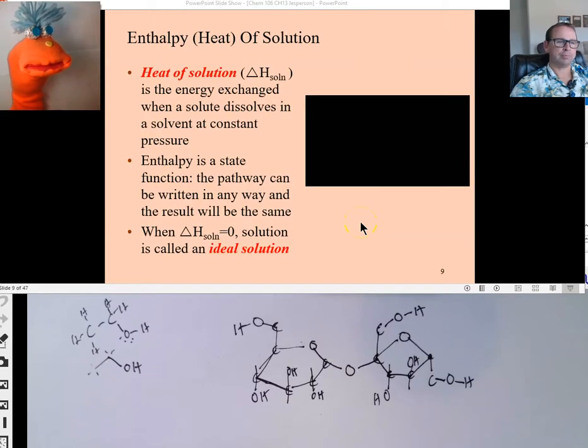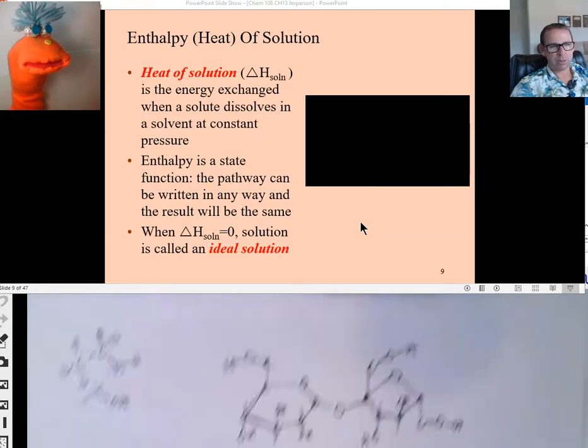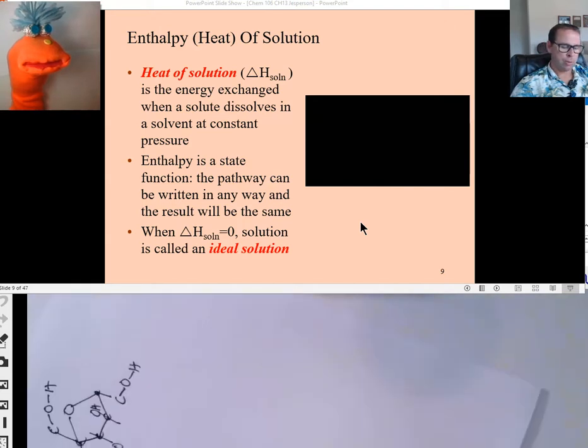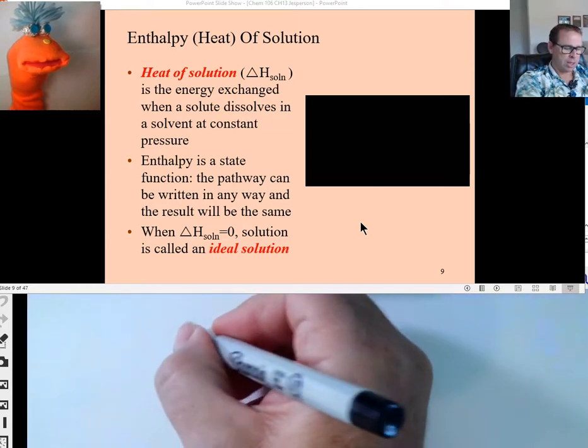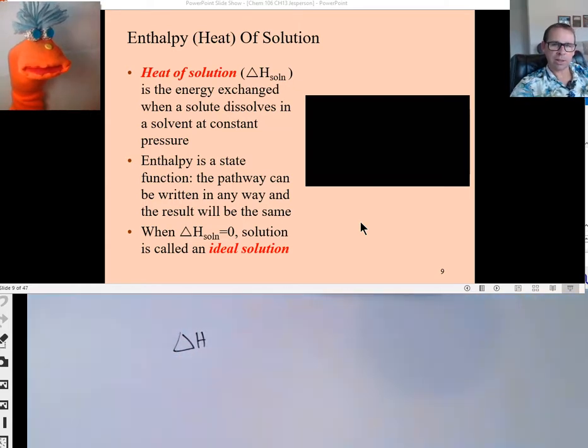All right, good job. Now, enthalpy of solution. Now, I don't know if you remember what this enthalpy of solution means, but enthalpy, that's the change in H, change in heat energy, associated with, in this case, the dissolution or dissolving of a compound into solution.